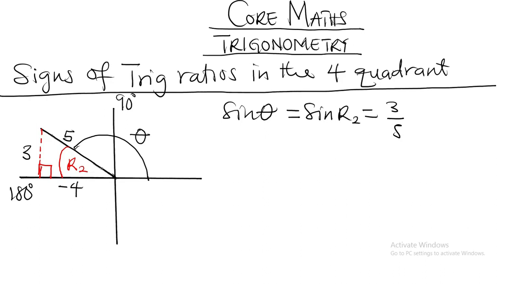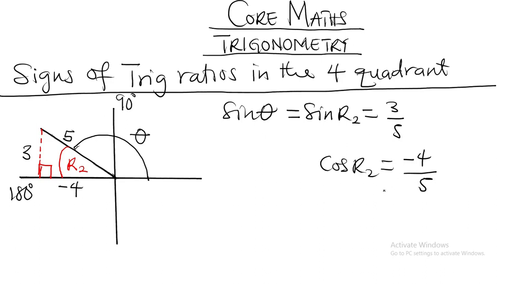You get it. So let's find cos R2. So cos R2, we know cos is adjacent over hypotenuse. So what is the adjacent? It's -4. And what is the hypotenuse? 5. Okay? So let's look at something here. We are having cos R2 to be -4 on 5.